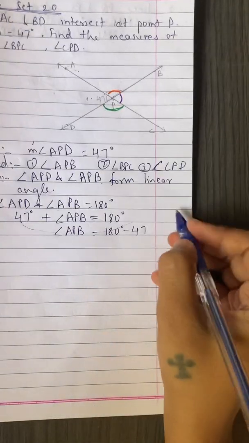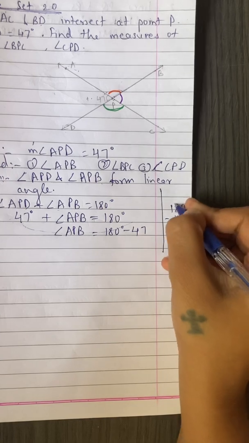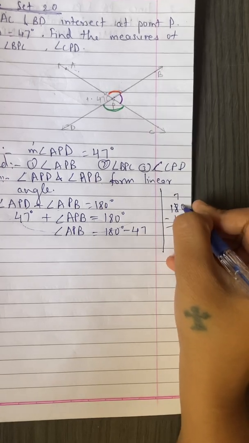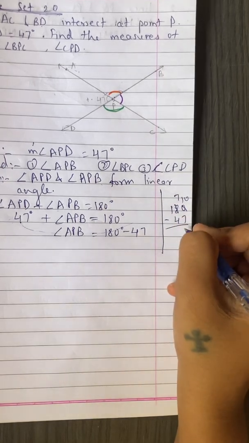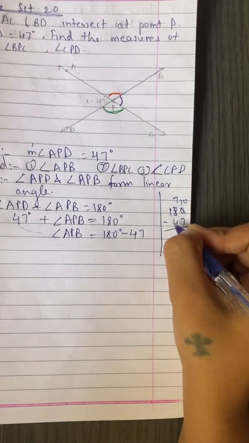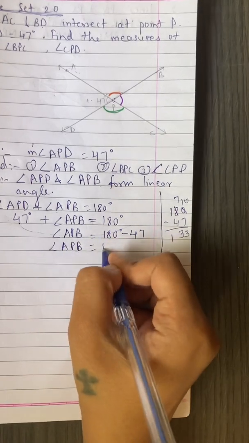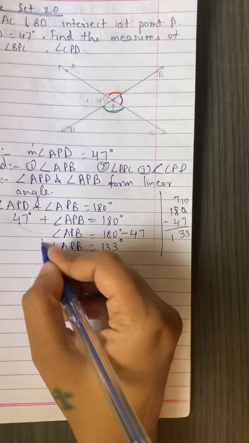So do 180 minus 47 in rough work so that you don't make a mistake. 10 minus 7 is 3. 7 minus 4 is also 3, and 1 as this. So angle APB is equal to 133 degrees.